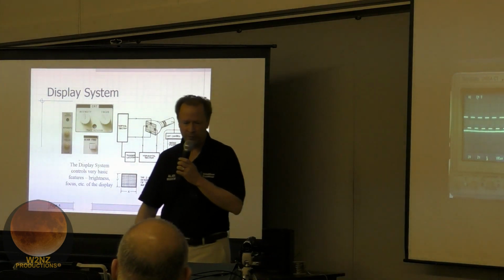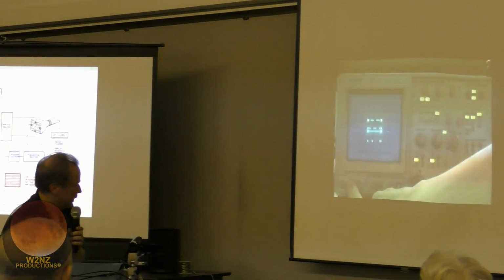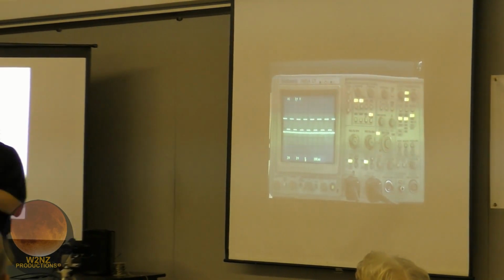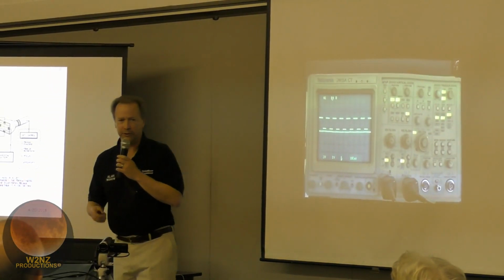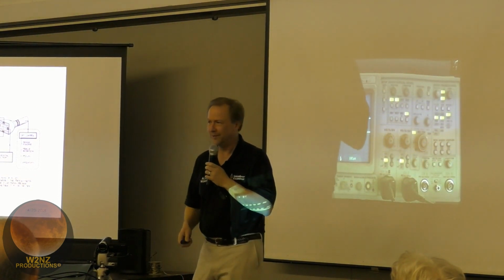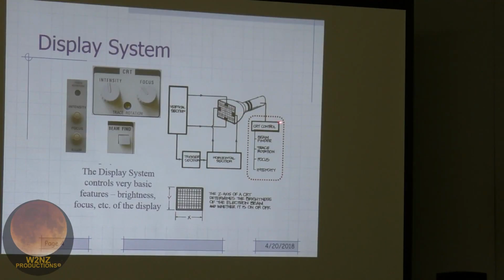If I push the beam find button here on this scope, you can see how it just compresses everything down into the center of the screen. So you at least know something's working, the CRT is working, that type of thing. So it's just a handy thing to say, yeah, my scope's not broken, I just don't have it adjusted right. But these are all the basic controls for just the display control for the CRT.